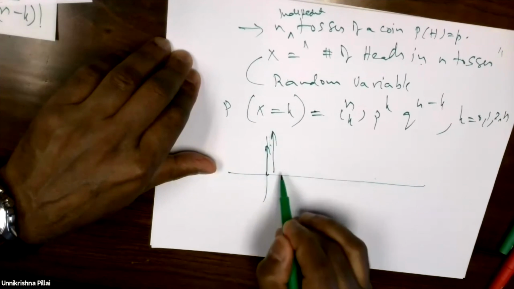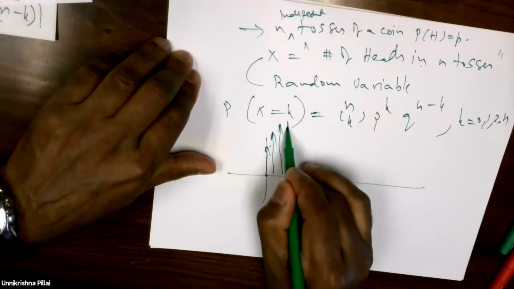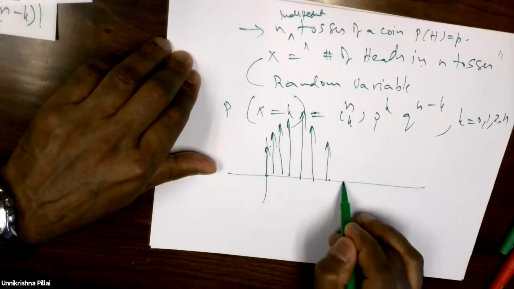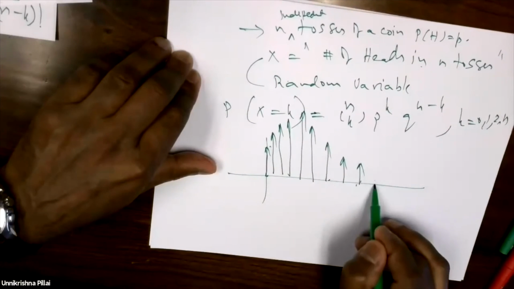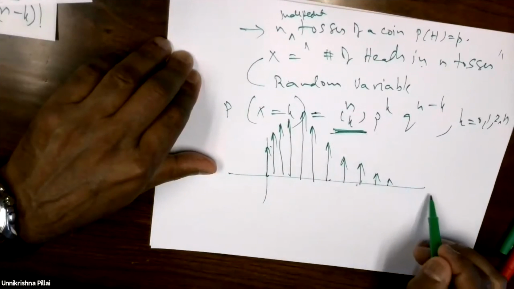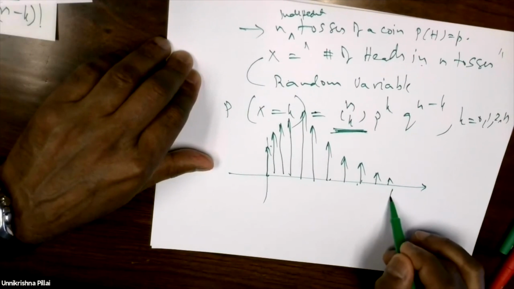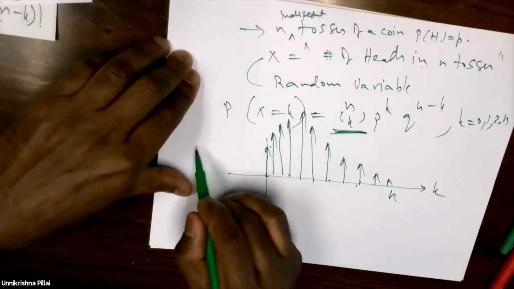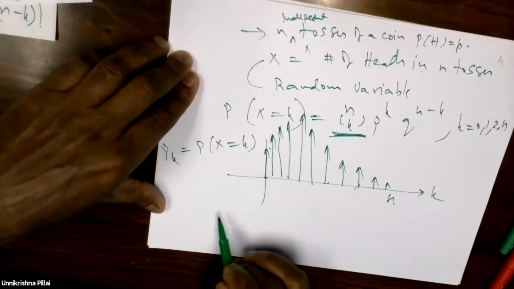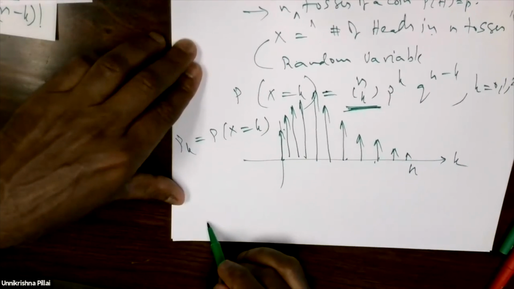It looks like I'm putting masses all over, right? So this is called a probability mass function. Typically it will look like this. I call it a binomial random variable because you have a binomial expression here. Here I am plotting probability of X equal to k. We may use the description p_k here.